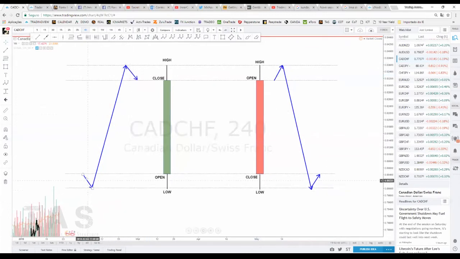So now let's say you want to trade one move. Imagine this is a weekly candle. It's the same as if it was a daily candle.